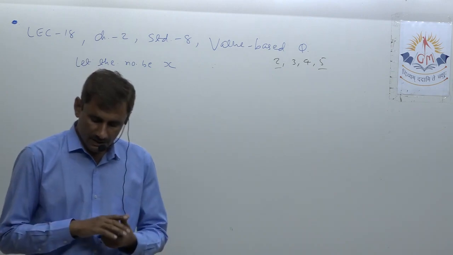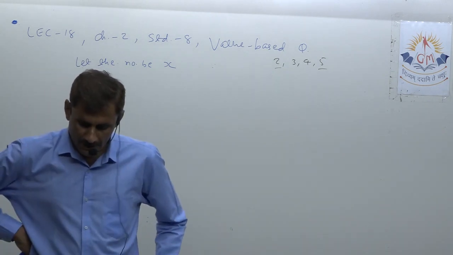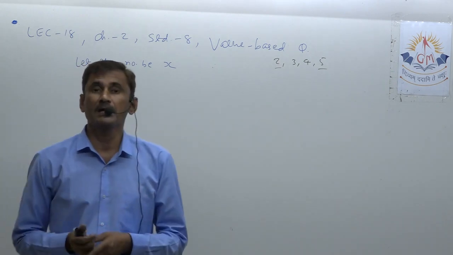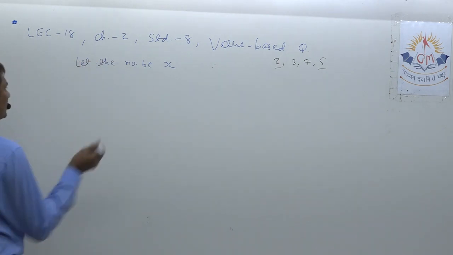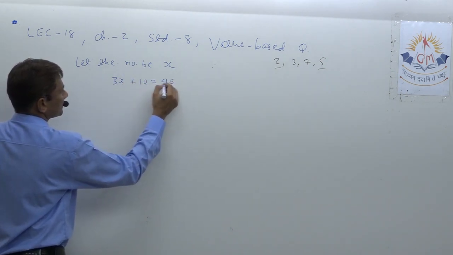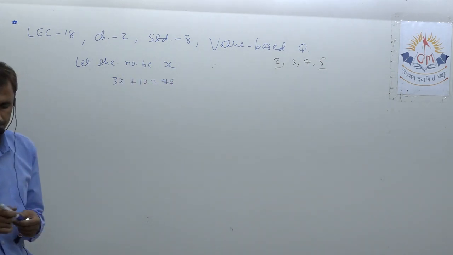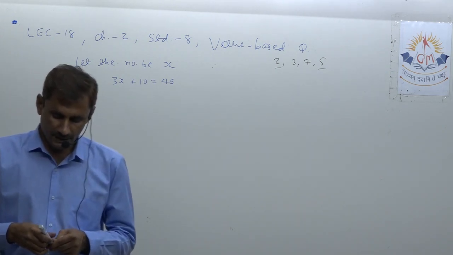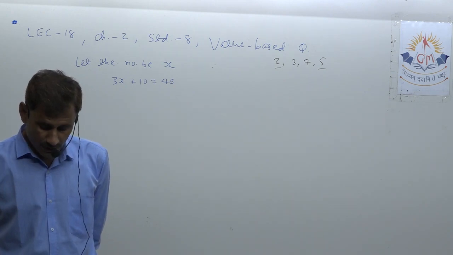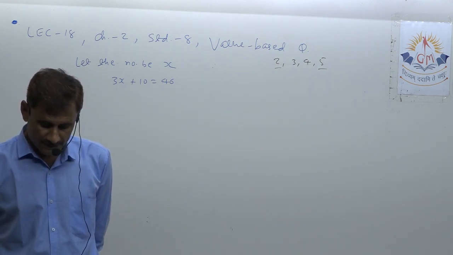Read it again. 10 added to thrice a number. So you have to make it thrice and then add 10. So it will be 3x plus 10 equals 46. Understand well. After getting thrice, then I added 10. So according to them, it will become 46.